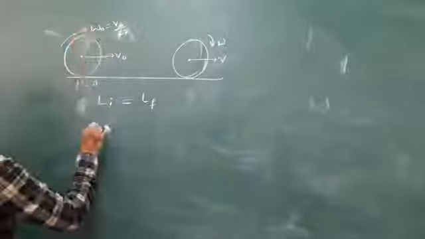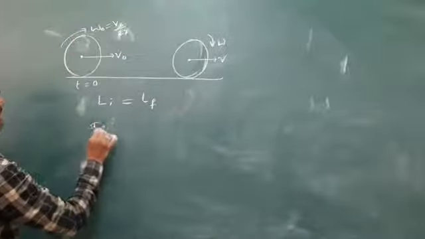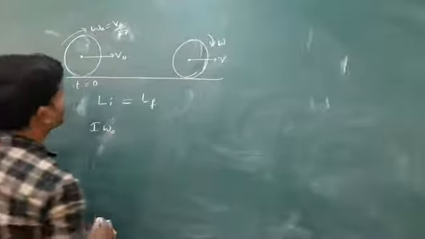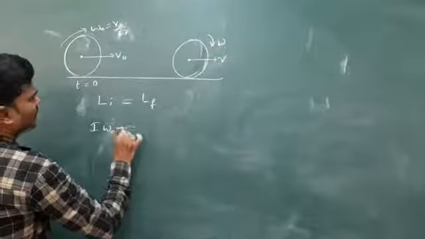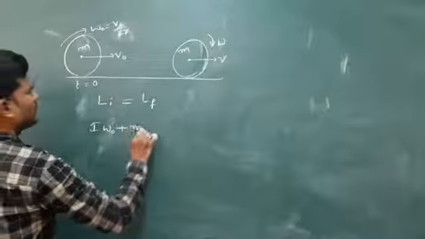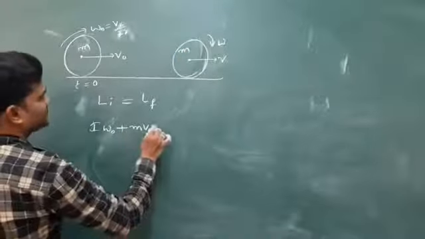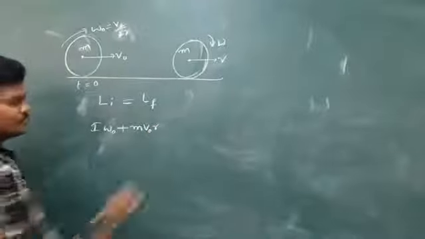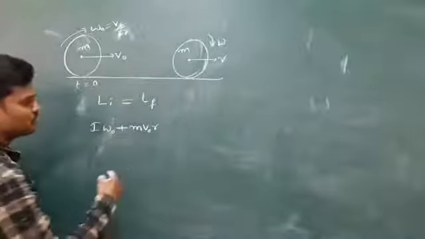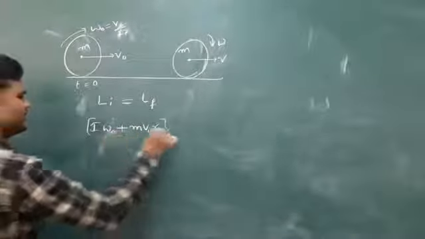Because of the rotation, I omega naught, where I is 2 by 5 mr square, and because of the motion, m v naught r. We can write it directly like this.